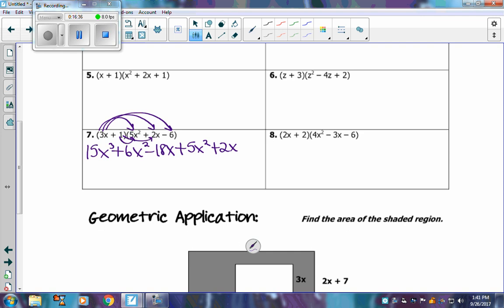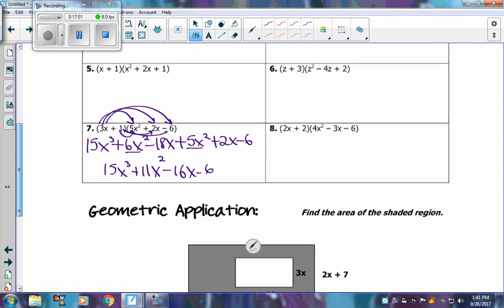And 1 times negative 6. Okay, combine your like terms. Good. All right, how many of you got that right? Okay. If you didn't, did you see your mistake?